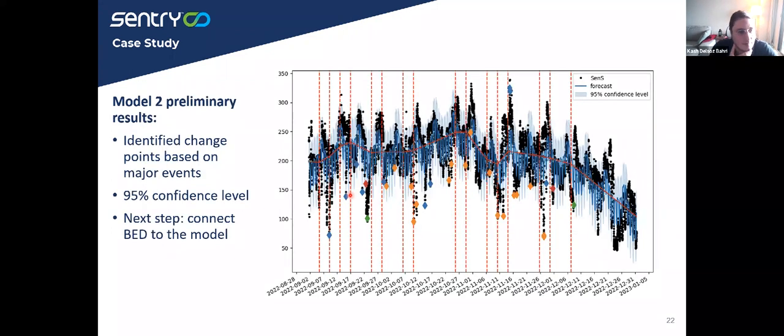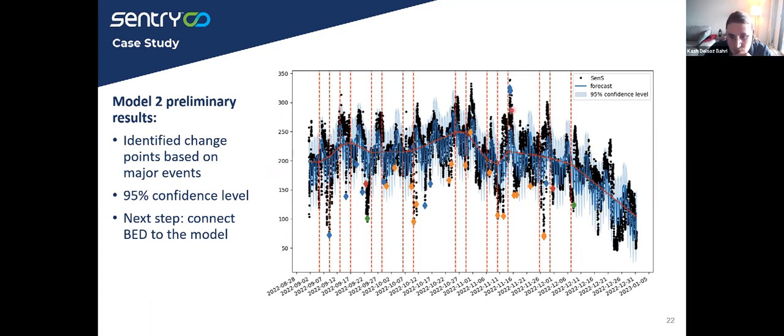And the preliminary results of model 2. This is still a work in progress. We are going to sync it with BED as well to identify or classify the events. But I just wanted to show you the preliminary result of model 2 and see how it is working on the data set.